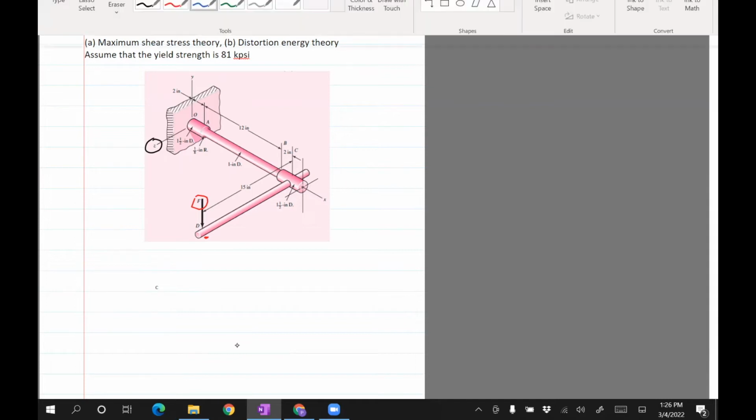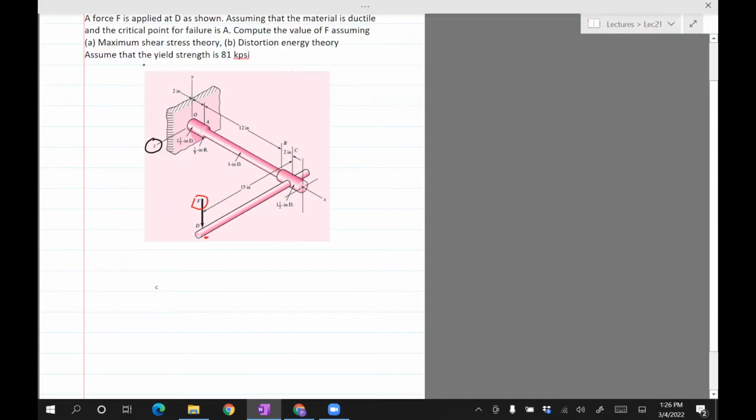Okay, so sigma z is actually 0, because there is no stress in that direction.